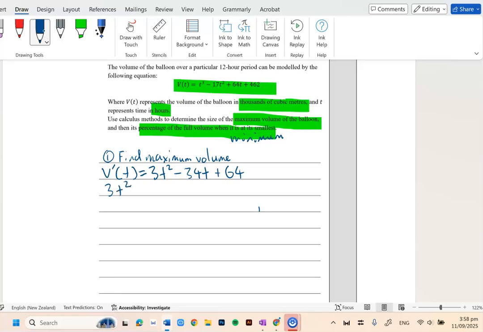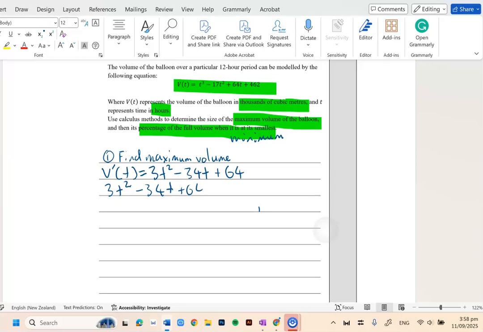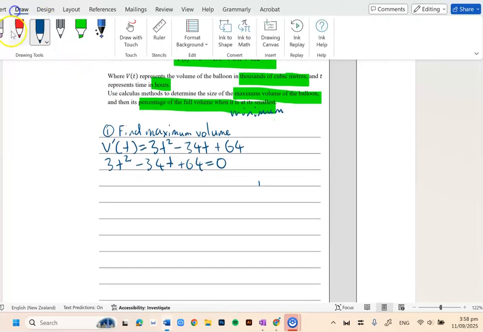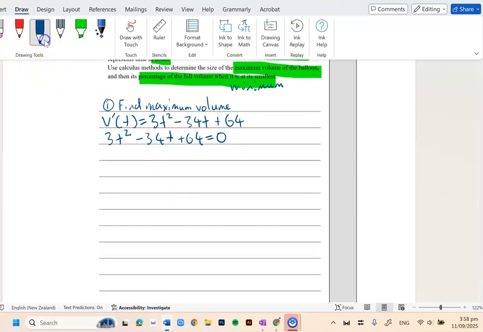So 3t squared minus 34t plus 64 equals 0, and you'll notice that this is a quadratic equation. Once we do that, we can put it in our graphics calculator or use the quadratic formula to get two values of t, which will be t equals 2.38 or t equals 8.95.